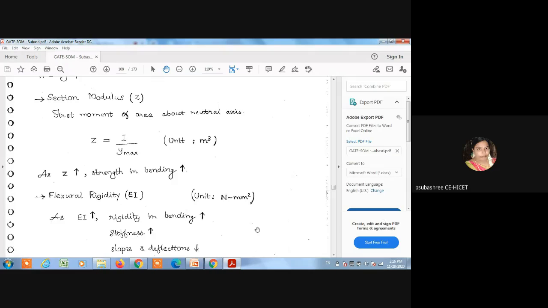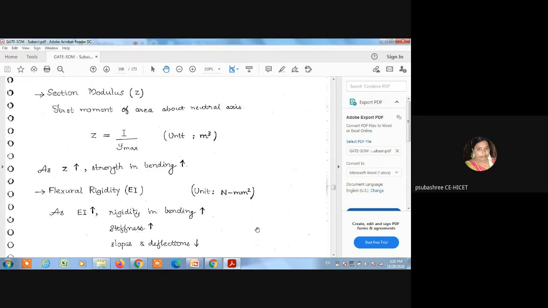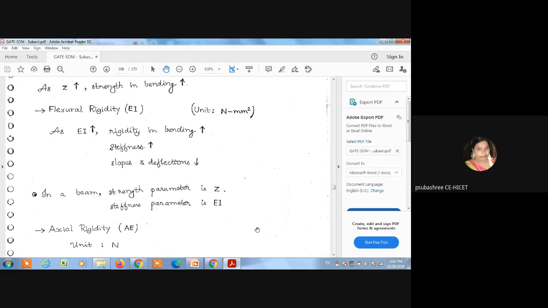I is the moment of inertia and y max is the distance. Then flexural rigidity is E and I, where E means Young's modulus and I means moment of inertia. It is called flexural rigidity.